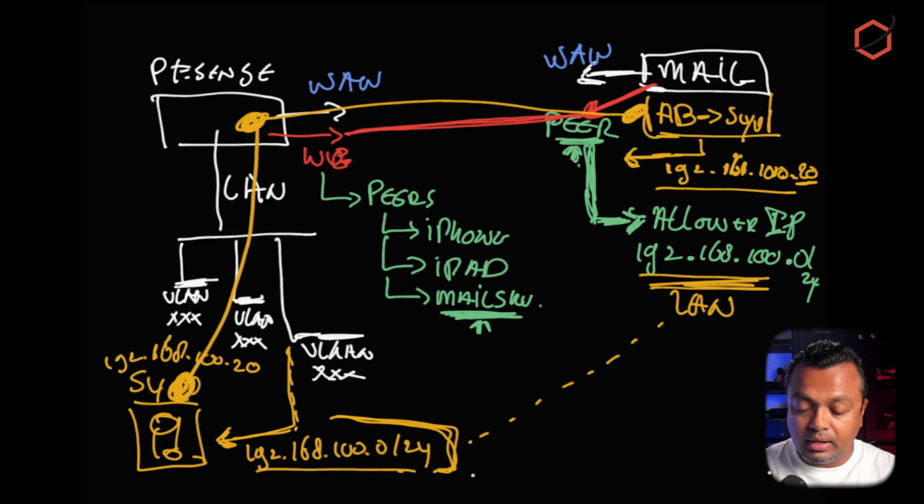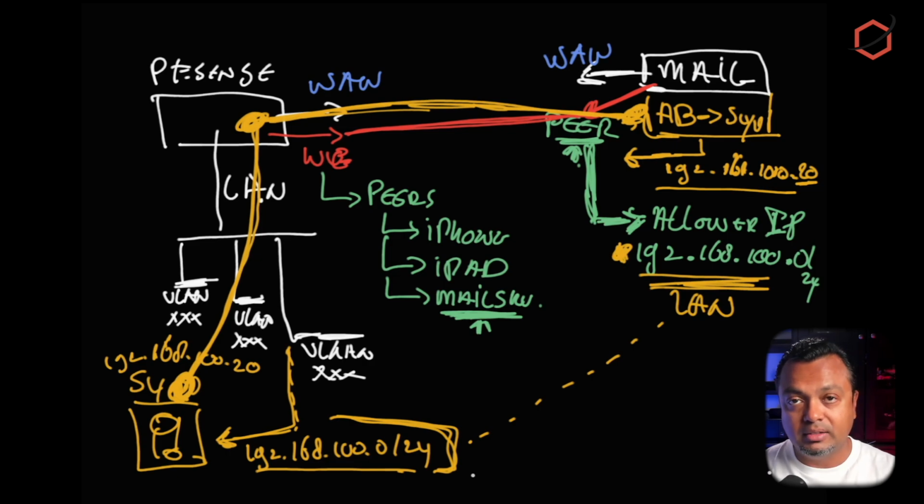And only this Active Backup traffic will be routed to my internal NAS using that WireGuard tunnel because of this option we created in the configuration file of WireGuard on my mail server. If you want to route specific traffic to a specific network using WireGuard, that's the AllowedIPs option you need to configure on the peer configuration, and that will take care of routing that traffic for you through that tunnel.